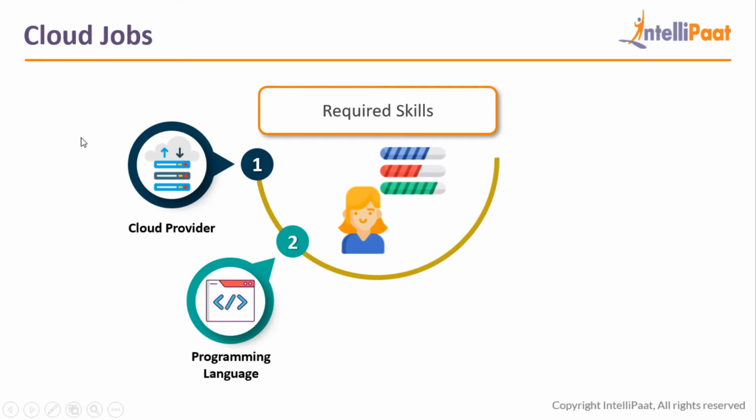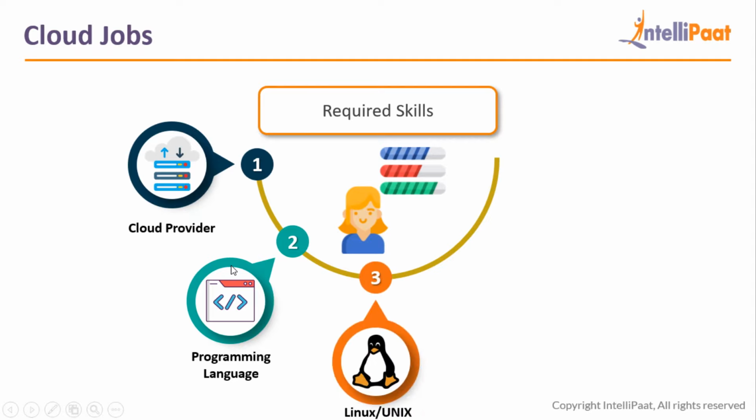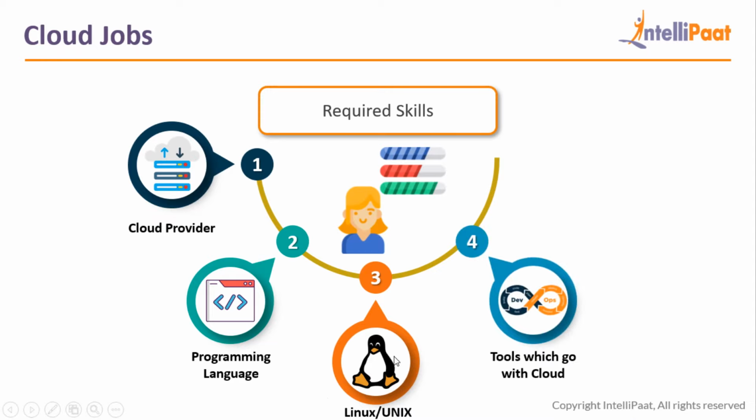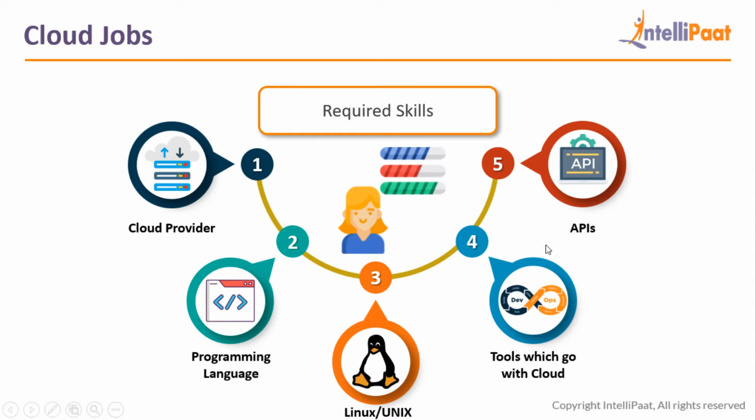If you want to become a successful cloud engineer, you should know at least one programming language. The most famous one is Python, so why not learn that? You should have a background on Linux or Unix. You should know DevOps, and you should know about APIs. If you get these skills in yourself, you're apt to become a cloud engineer.